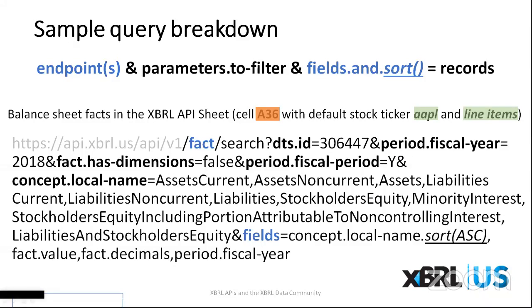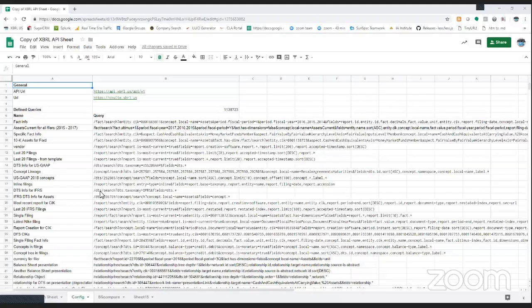So it's fairly straightforward in terms of the understanding and in terms of the nomenclature that we're using in the API. If I take that out, I can really go anywhere with that. I will share my copy of the XBRL API sheet.